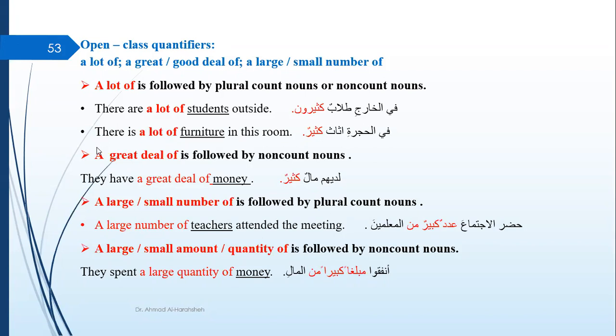A great deal of is followed by non-count nouns. They have a great deal of money. A great deal of is followed by non-count nouns.